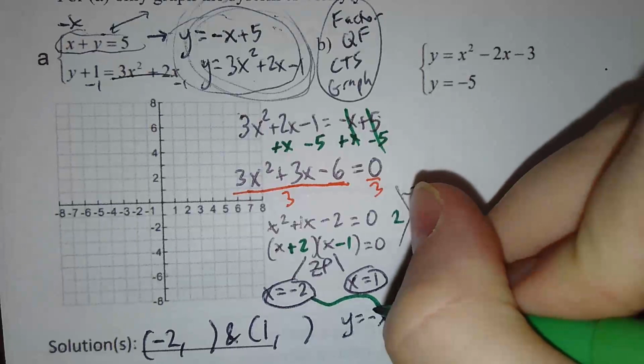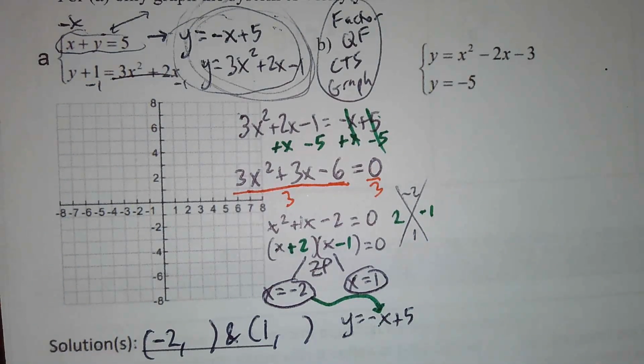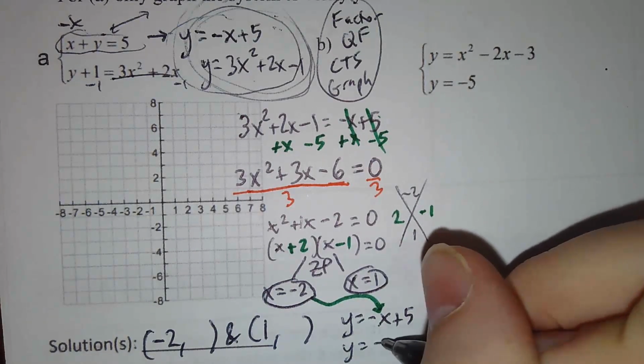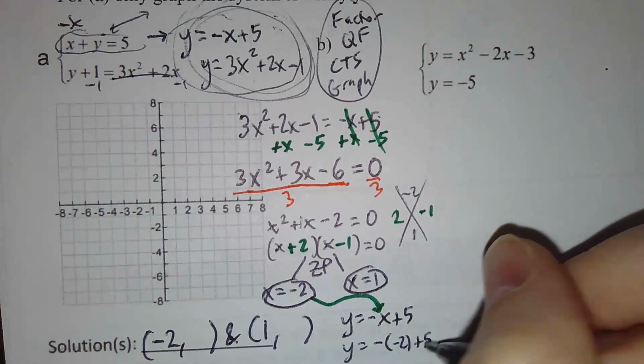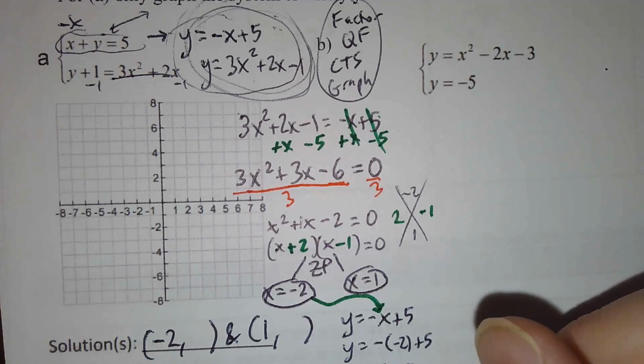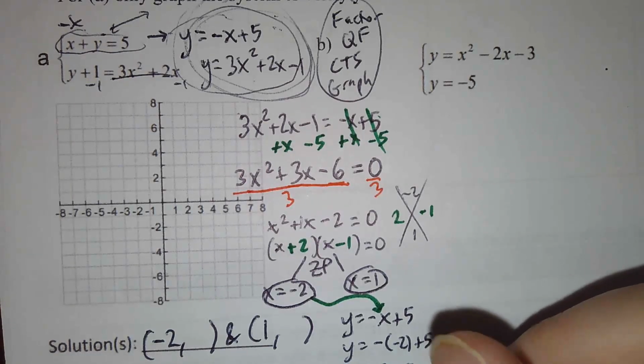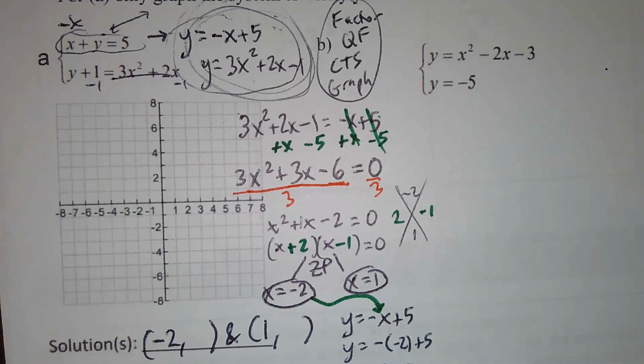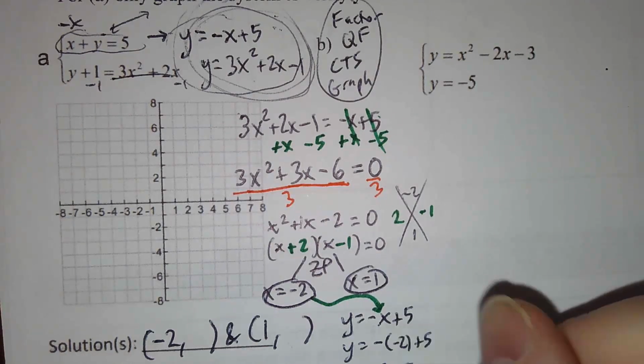First off, inputting negative 2. We get negative negative 2 plus 5. Negative negative is positive. 2 plus 5 is 7. So when x equals negative 2, we get 7.